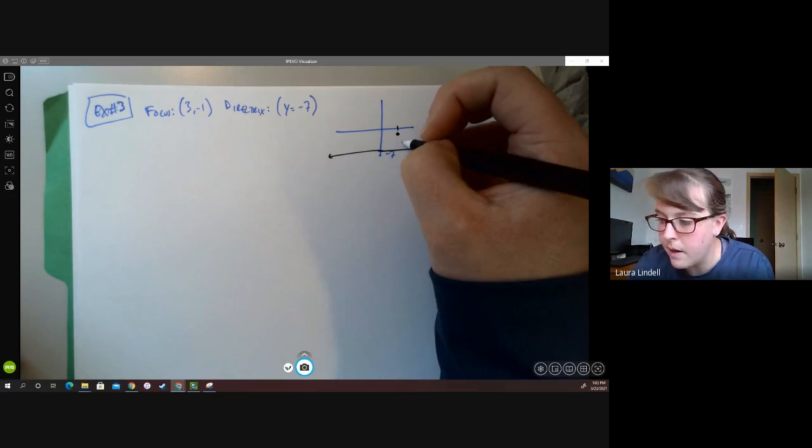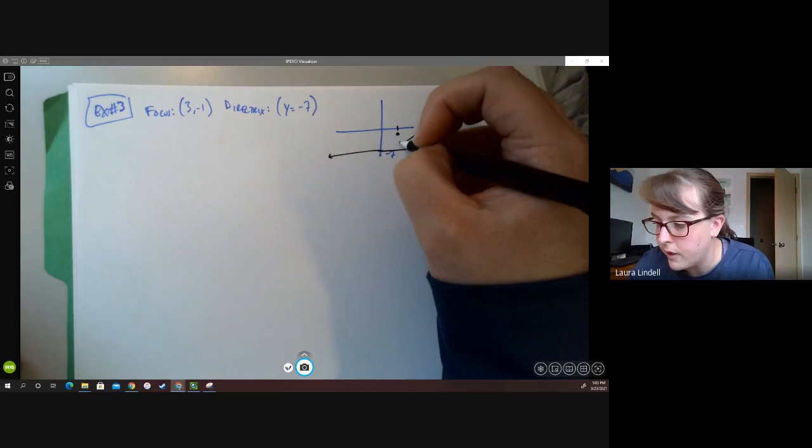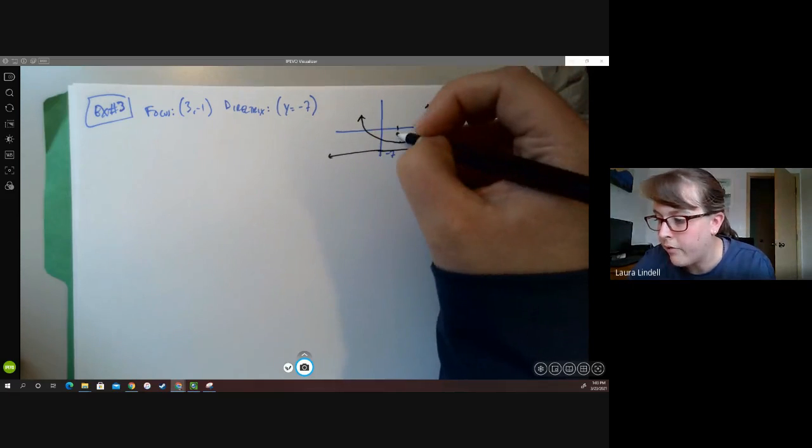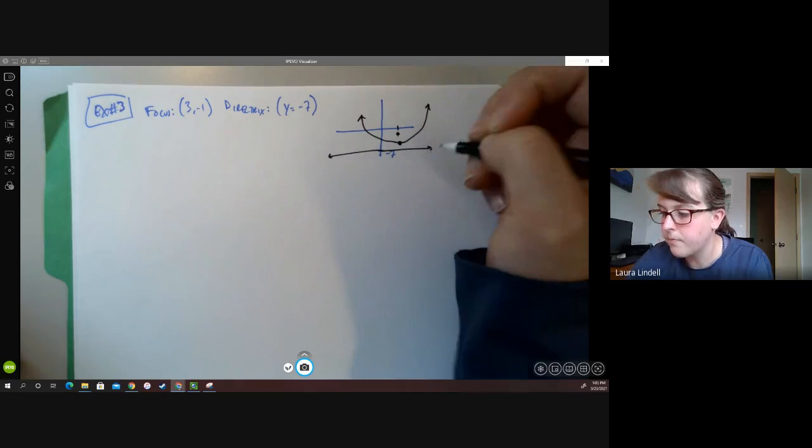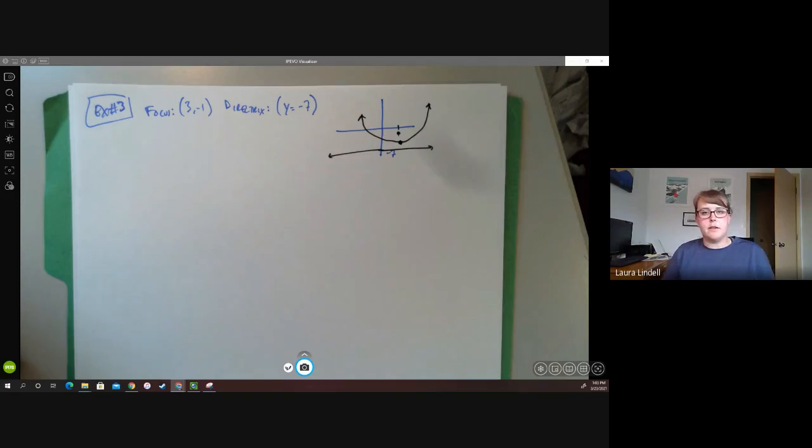So we know that our parabola is going to be about halfway in between those two things. That's going to be a picture of what our parabola looks like. We know it's opening up and down just based off of the focus and the directrix.